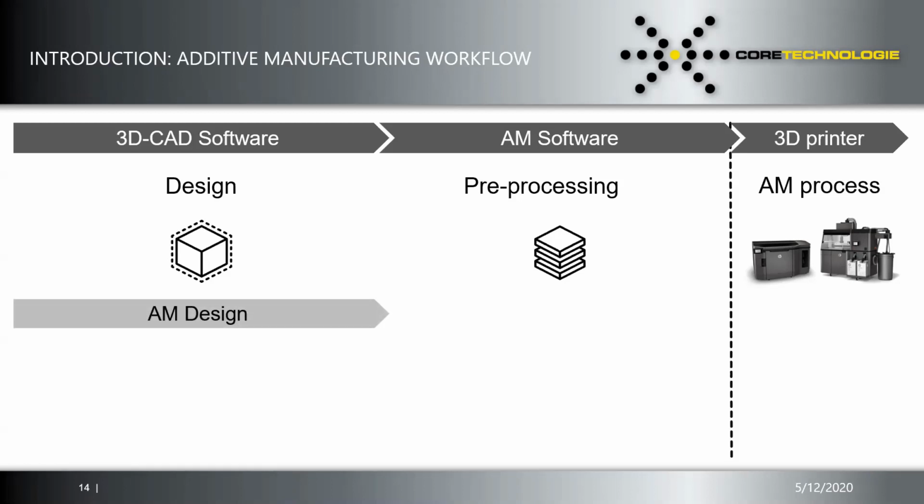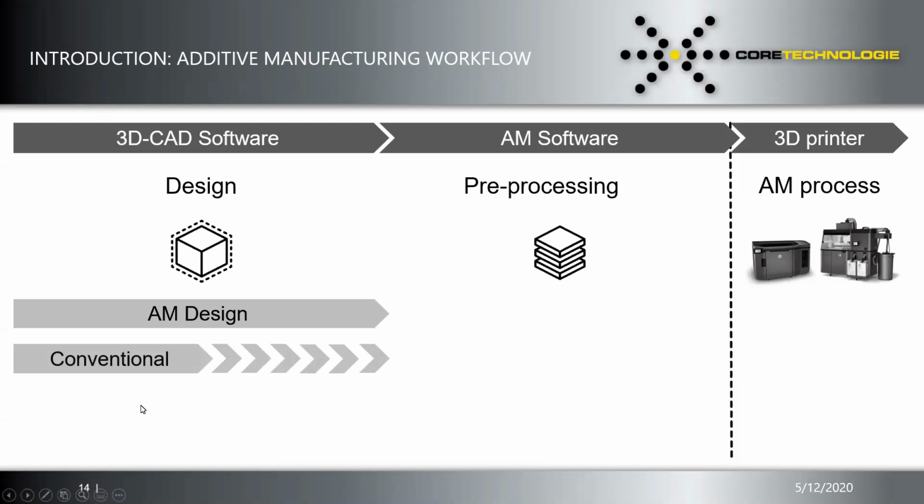So you start in the 3D CAD environment where the design of the parts actually happens. Then we take the 3D model and pre-process it for the AM software for the preparation of the 3D print. And at the end of the process, it has to be sent to the 3D printer and is then manufactured.